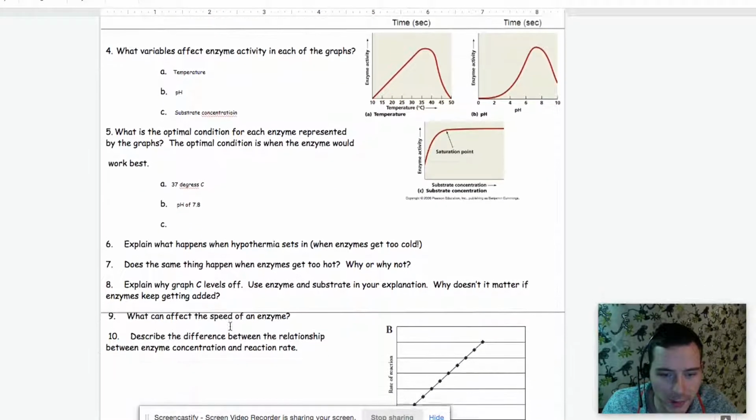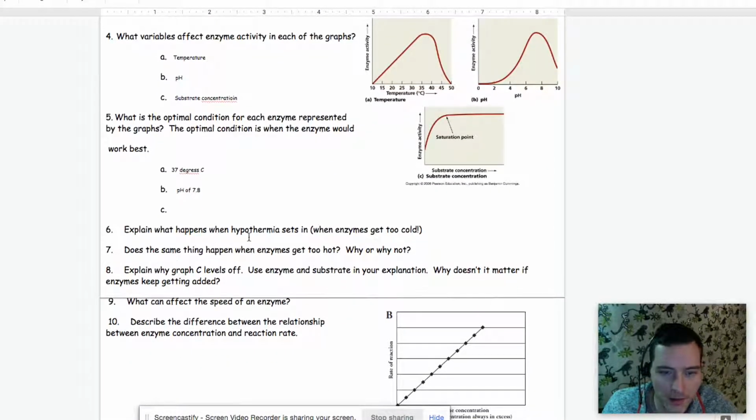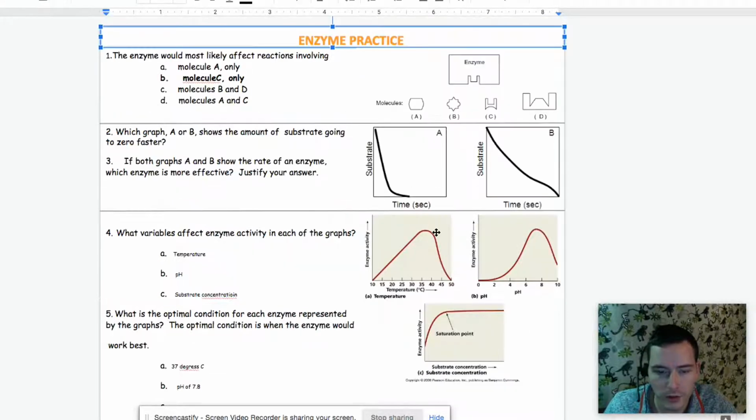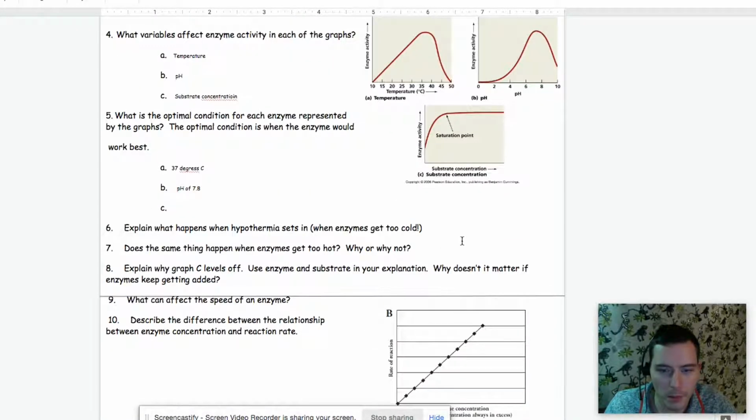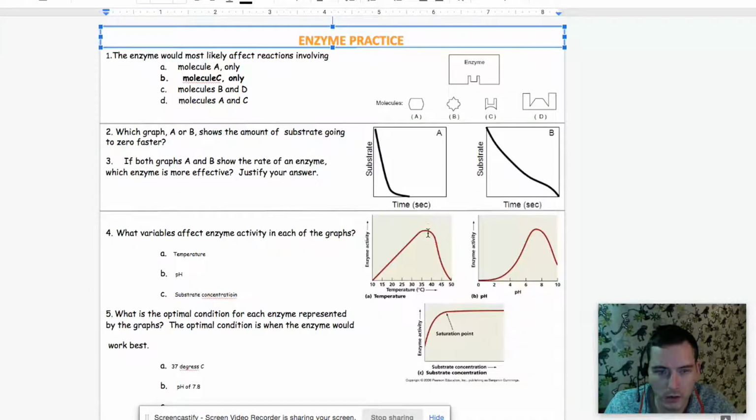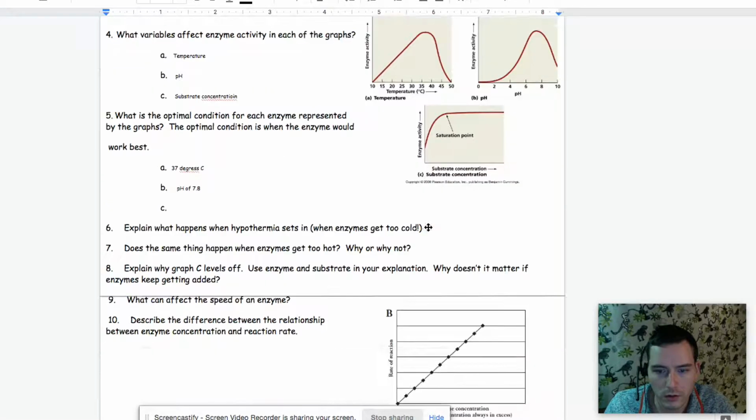Number six, explain what happens when hypothermia sets in, when enzymes get too cold. So I know, for some reason we got lots of jumping around with this page. Explain what happens when hypothermia sets in, when the enzymes get too cold.